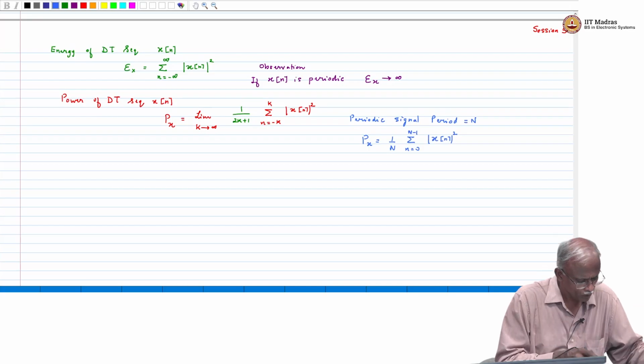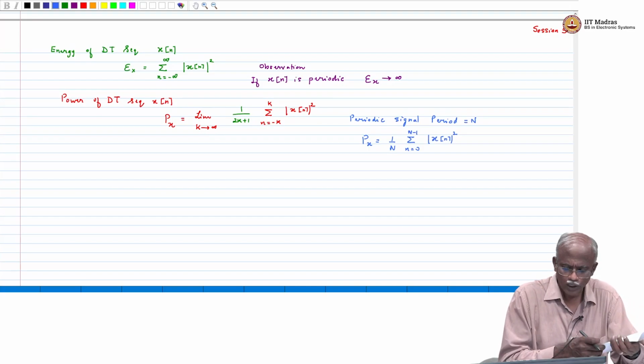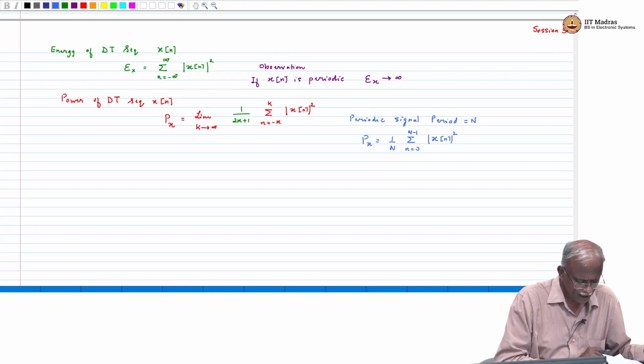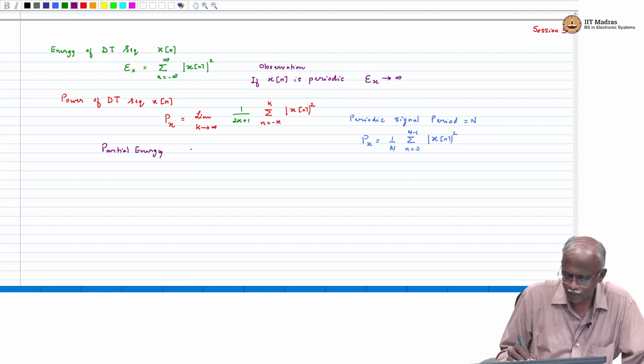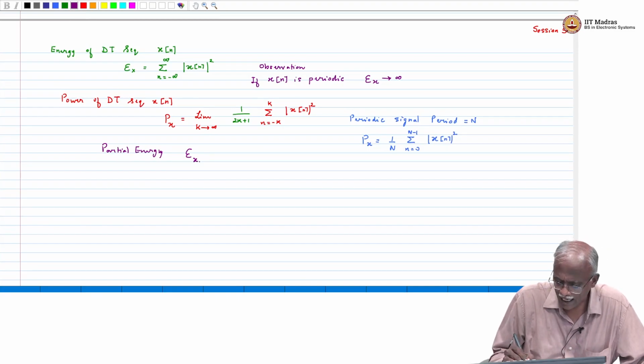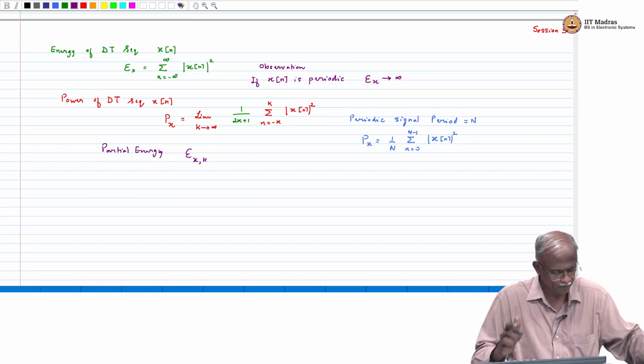We will now define a new term called the partial energy. The partial energy is defined as epsilon, where x is the signal for which you are calculating the partial energy, and k, where k is over a finite window, not from minus infinity to infinity.